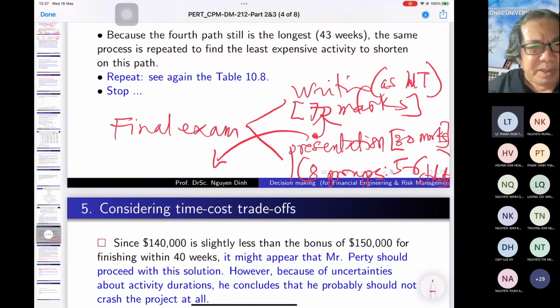Even if you are coming, but you are too late, 10 minutes or more, minus 5 points. Just a moment.